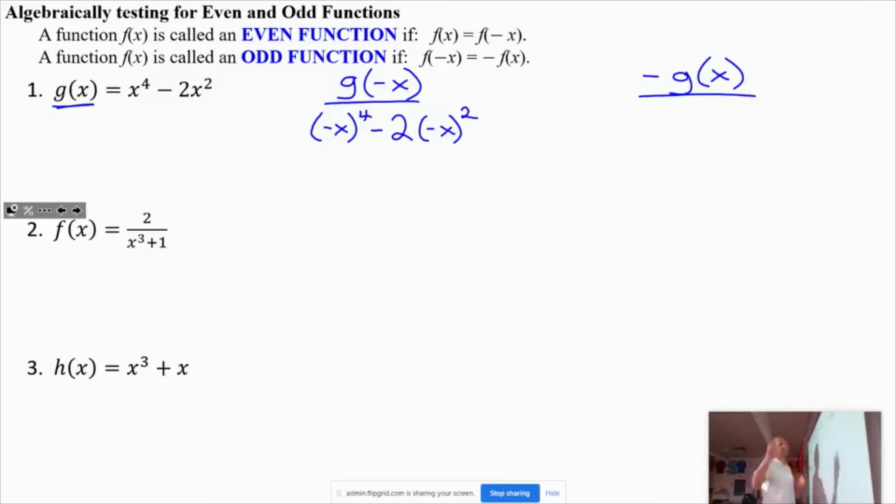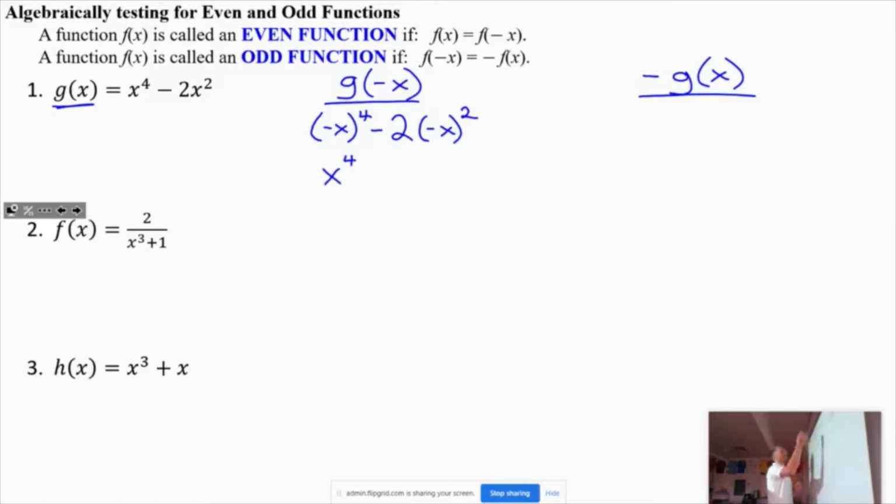If you are raising any negative number to an even exponent, it becomes positive because you have an even number of negatives. So they'll always cancel each other out. So negative x to the 4th, in parentheses, parentheses are very important, is just simplified to x to the 4th.